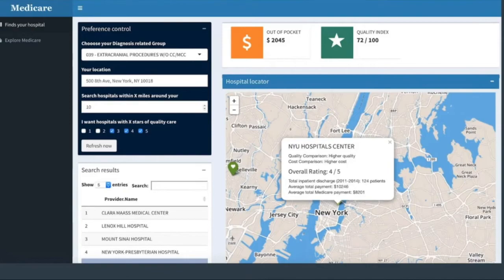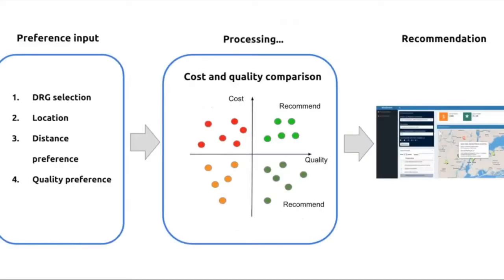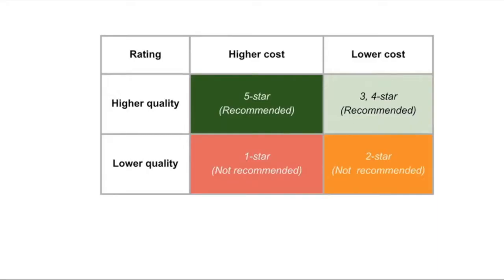this is the user interface that I created. This is the logic that the recommendation system follows. I would recommend that Medicaid patients go to 5-star hospitals because they have the best quality of care, and quality comes first when compared to cost.